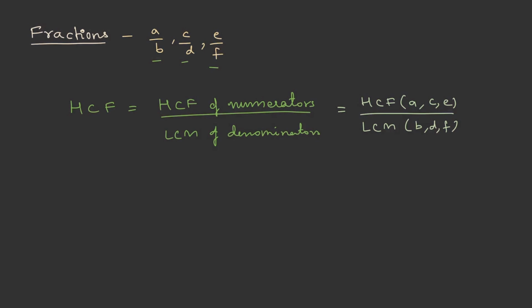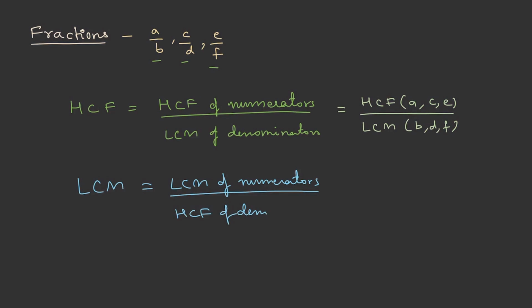On similar lines, we can also find the LCM. The LCM will be the LCM of the numerators by the HCF of the denominators. That is, the LCM of ACE divided by the HCF of BDF.